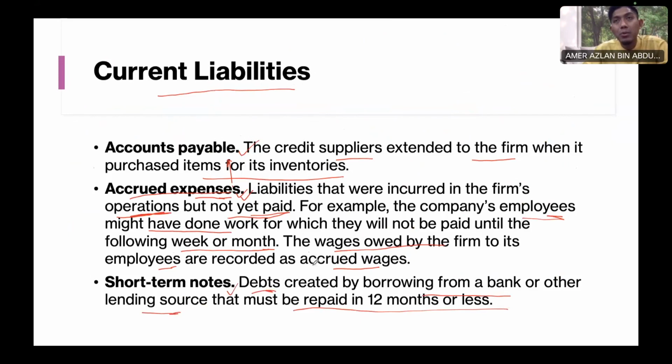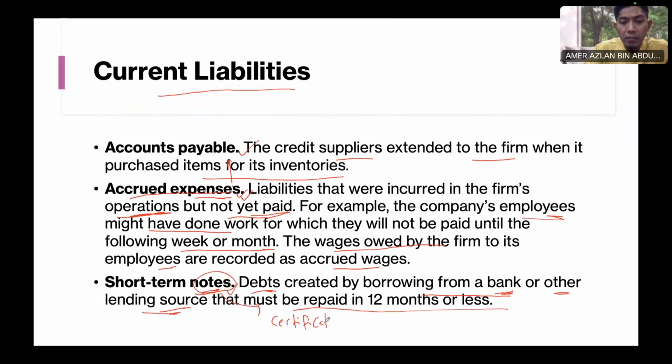This is where you have insufficient money to pay your employees. So the company will borrow money in the form of short-term notes. They borrow money from the bank or other lending sources, financial services companies, for example. They borrow money in the form of short-term notes, for example, in the form of certificate of deposit.